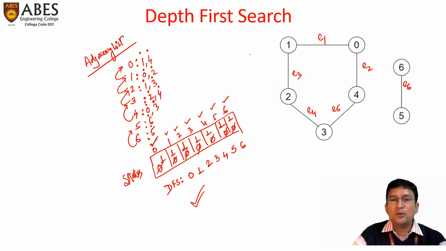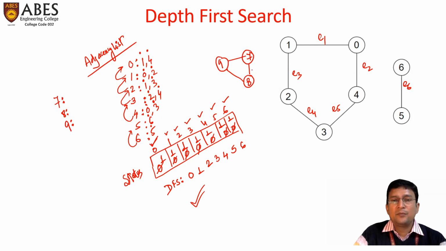Had there been 2 more vertices, let's say 7 and 8, or let's say we have 1 more vertex, 9 also in the same graph, then we must have added 7, 8, 9 in the adjacency list.